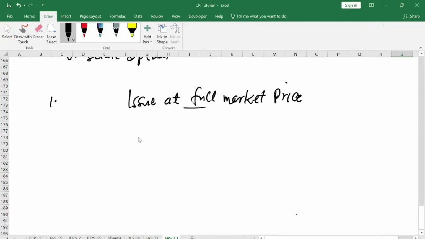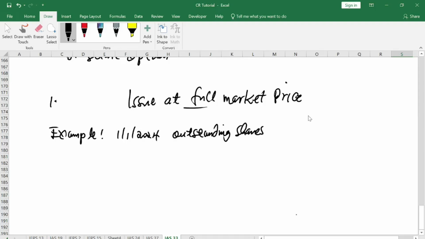Okay, so when we say issue at full market price, what do we mean? Let us take this example. At the beginning of the accounting year, 1st January 2024, you have outstanding shares of maybe 10,000.